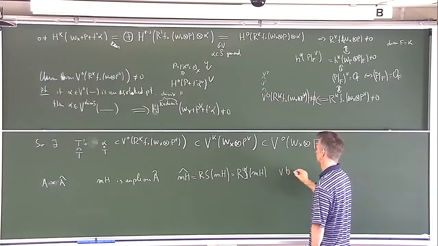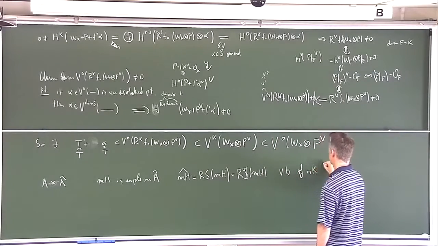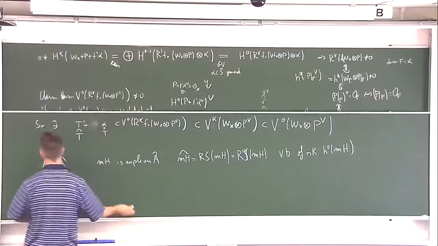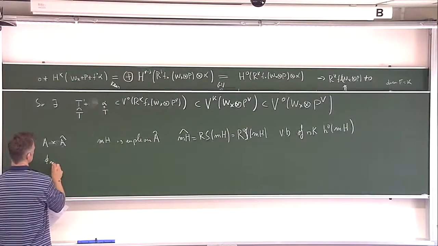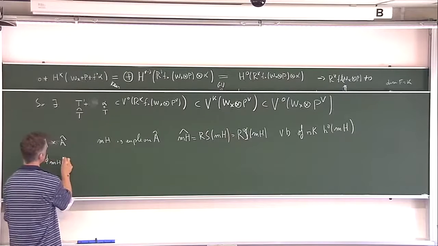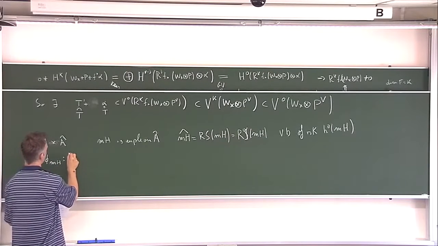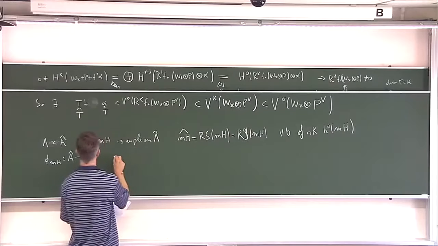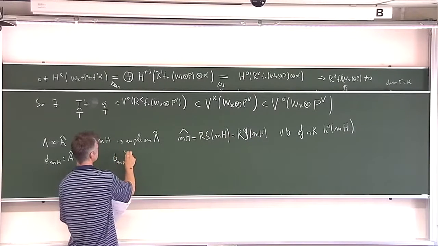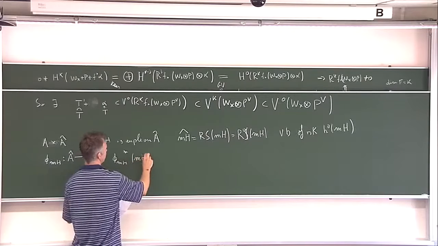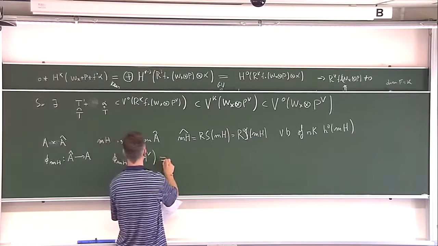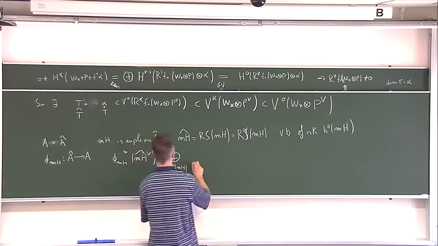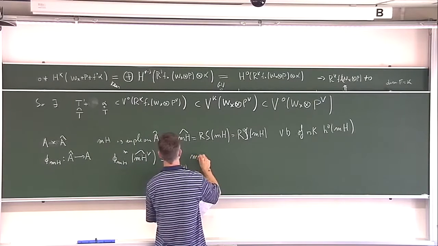It's a vector bundle of rank h0 of MH, and it has the property that, so we've used this already, but I'll use it again, so I might as well remind you. φ_MH defines an isogeny from A hat to A. So this is a vector bundle on A now, so I could take φ_MH alpha star of this MH hat U, and this turns out to be equal to a direct sum of h0 MH copies of the line bundle MH.